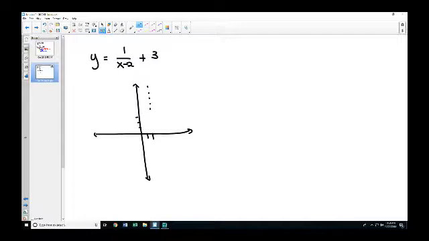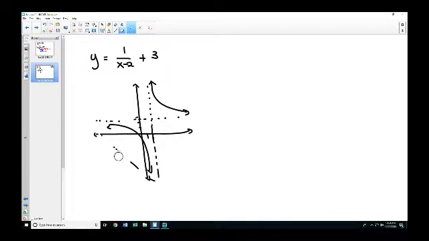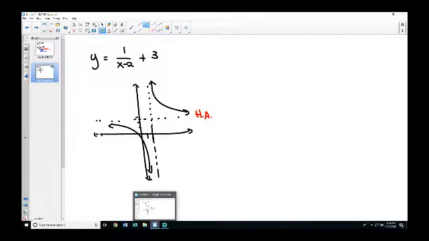So, you just want to give yourself some guidelines. You're just moving that parent function as such. Pretty basic. Okay, so can you identify the asymptotes now? Are you okay with HA, horizontal asymptote?